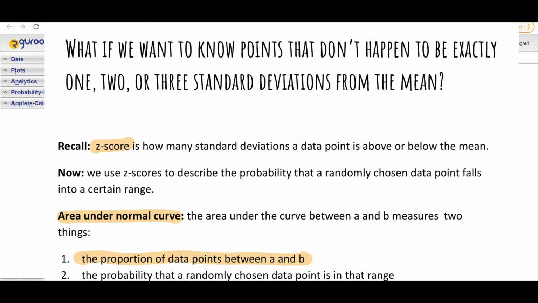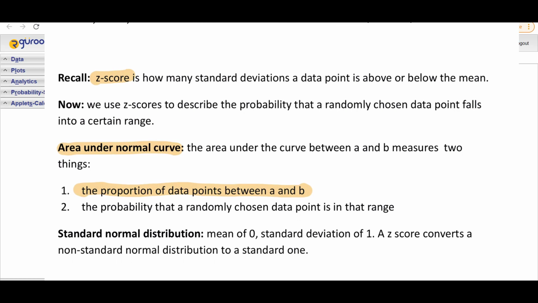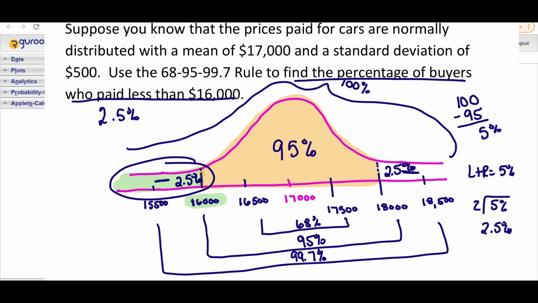So when you find the area, you are finding the proportion, and you also find the probability that a randomly chosen data point is in that range. So if I went back up here, the probability that if I were to randomly choose a buyer, the probability that the buyer paid between 16,000 and 18,000 would be 0.95.